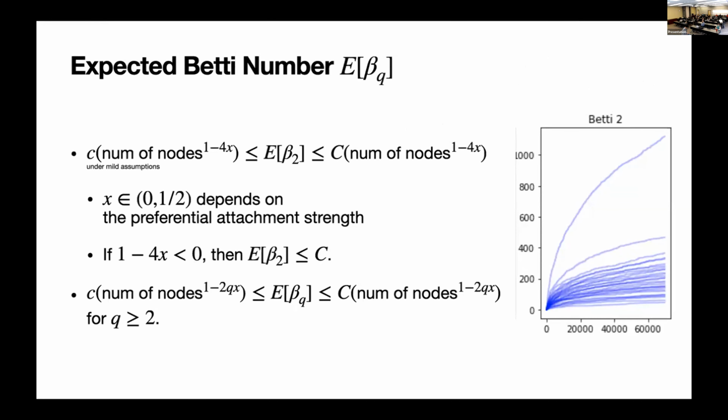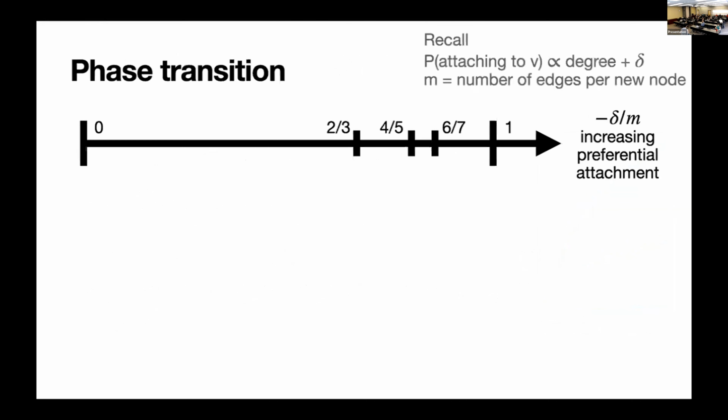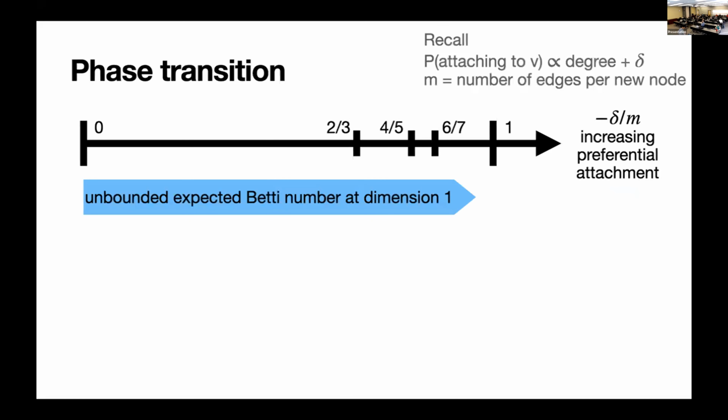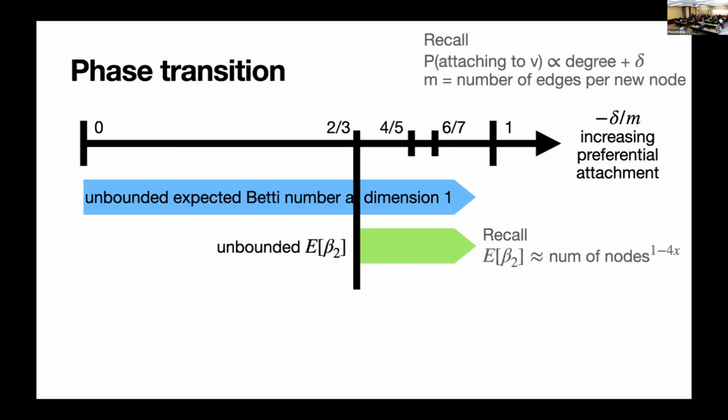If not, this quantitative statement has a qualitative interpretation. As I've just mentioned, the Betti number at dimension 1 is going to be unbounded in expectation because it's linear. But if you increase the preferential attachment strength, you see more and more complicated topological phenomena. At a critical threshold, the second Betti number will start to become unbounded in expectation.